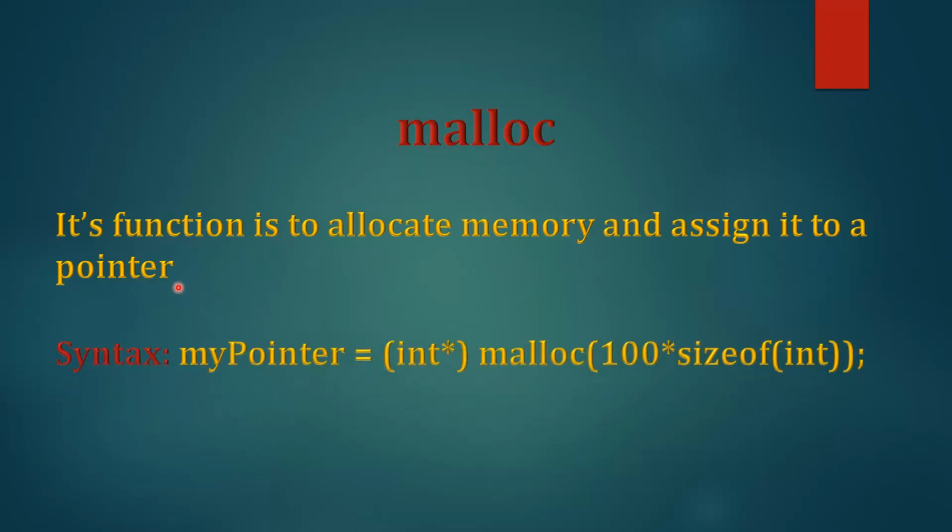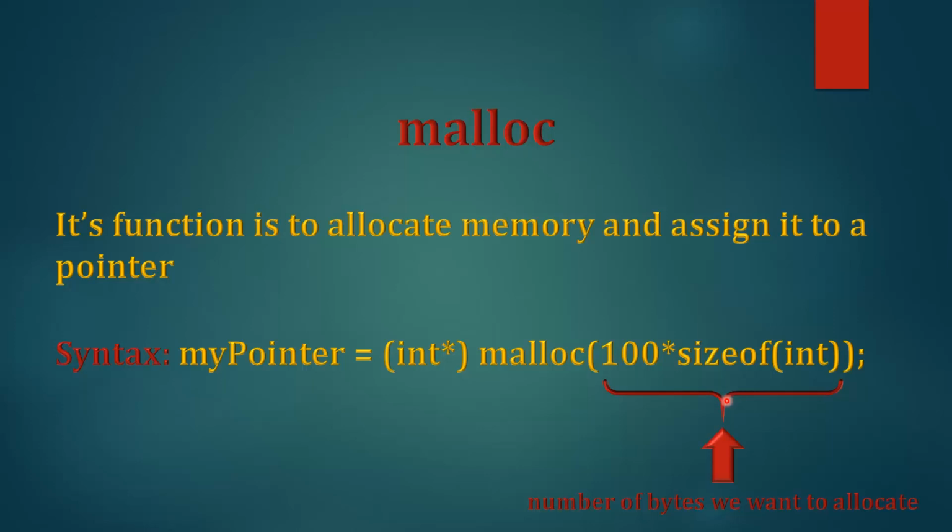And if we talk about the syntax, then this will be the syntax. Here, there is a pointer named myPointer, and we are equating it to an int star type of malloc function. And in the malloc, the parenthesis takes the number of bytes that we want to allocate.